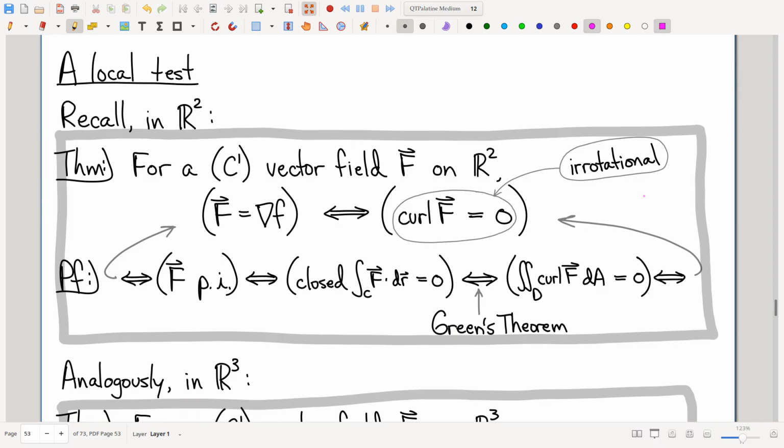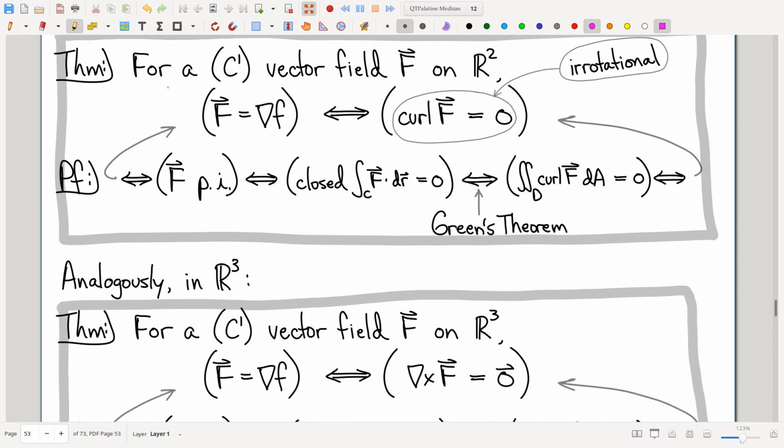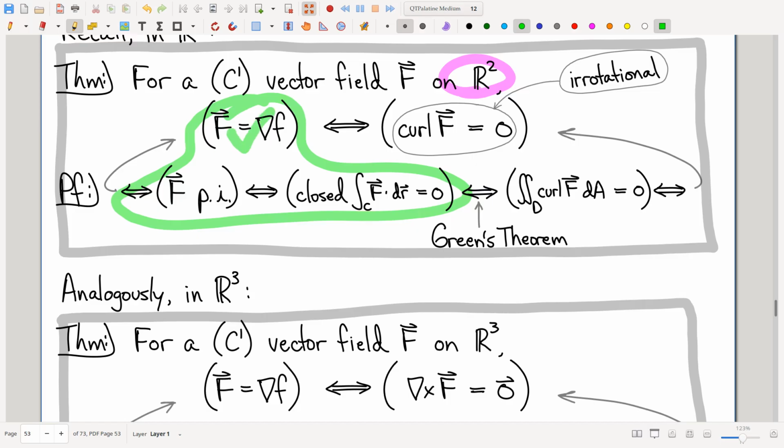call back to Chapter 6. We had this thing called a local test, and in particular, here's what we wrote down. In R2, we talked about how being a gradient is simultaneous with being path independent, regularity issues aside, which is simultaneous with all circulations being zero.